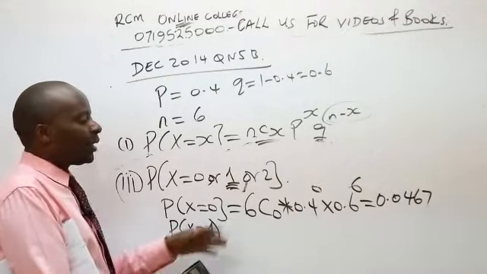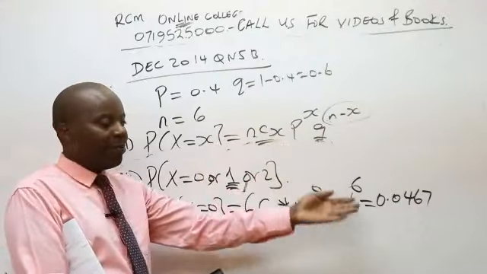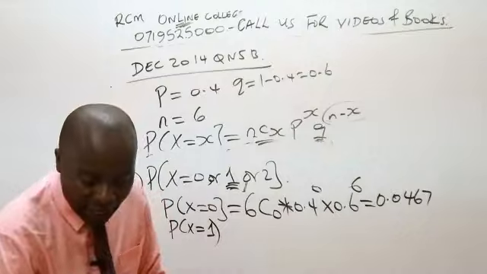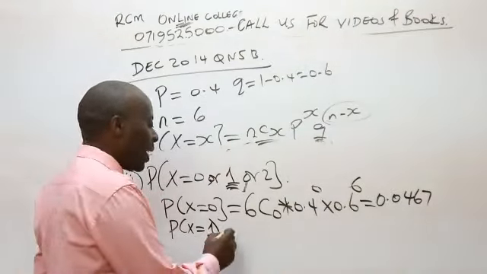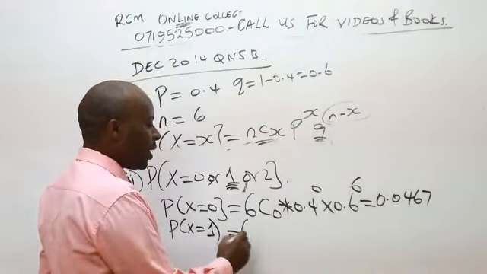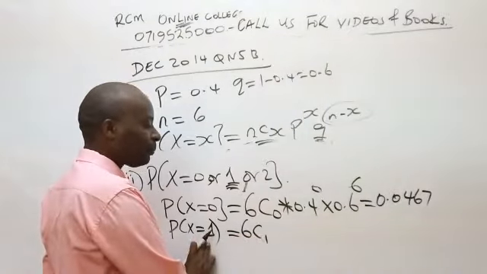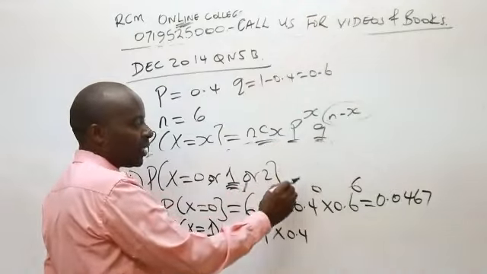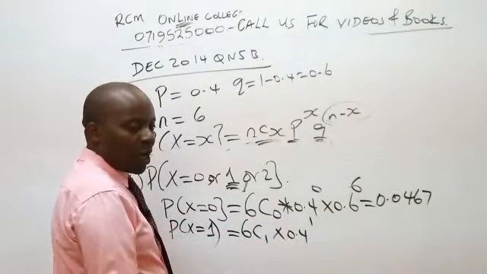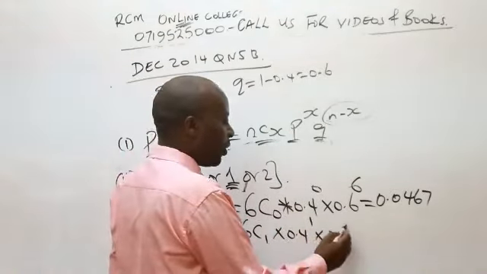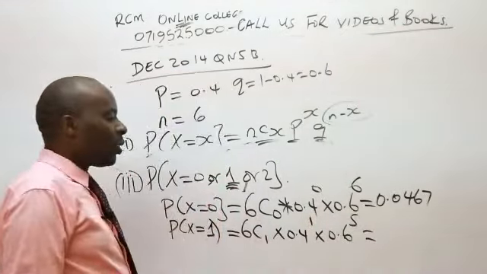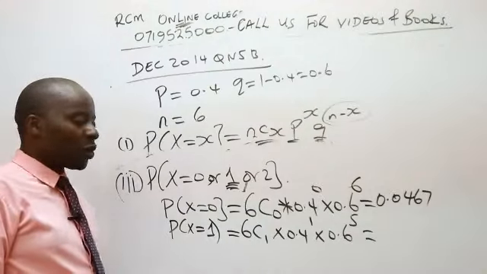Now from there we have probability of X equals 1. I can simply pick the one that we had obtained somewhere here and plug it in, but because we are not fighting against anybody's time, I can write it out. So we have 6 combinations 1 times 0.4 raised to X, which is 1, times 0.6 raised to power 5, because the two powers added together will always give us 6.